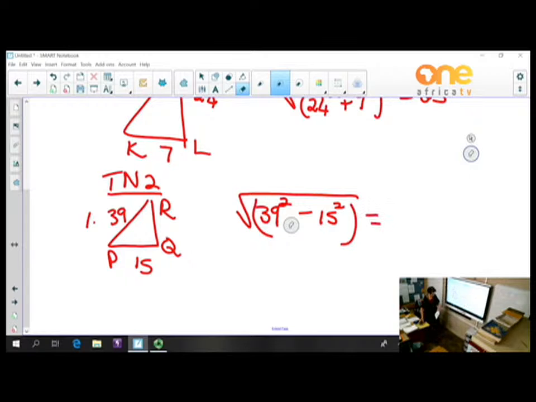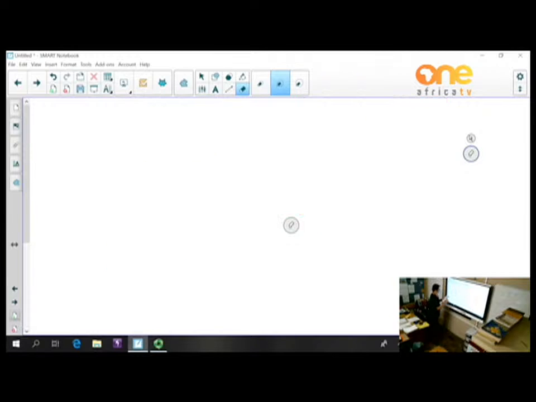And again, we can do it on the calculator. The square root of brackets, 39 squared minus 15 squared, it will be quite a large number, is equal to 36. So you must just make the decision, am I going to add or subtract? What am I going to do every time, add or subtract?